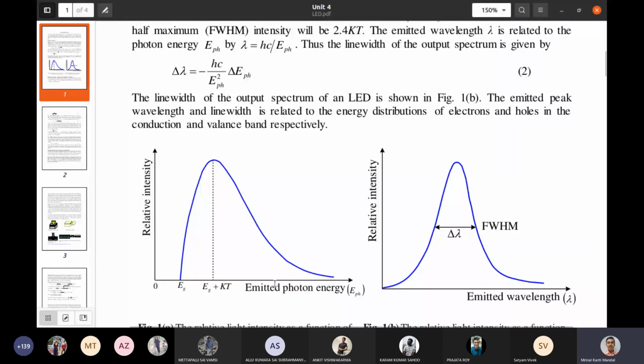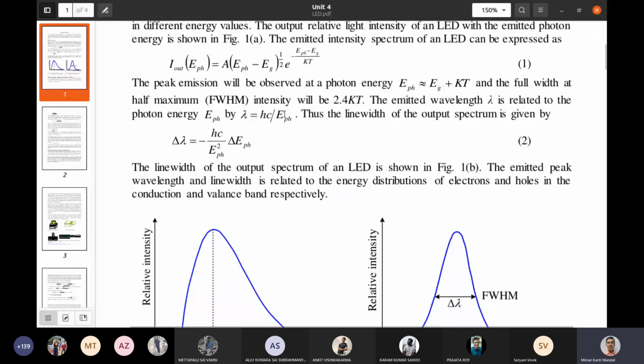In terms of emitted wavelength, it will peak at a certain wavelength region, lambda, and there is a spreading over lambda, delta lambda, the full width at half intensity maximum. Lambda equals hc divided by E_ph, so delta lambda equals minus hc divided by E_ph squared times delta E_ph.